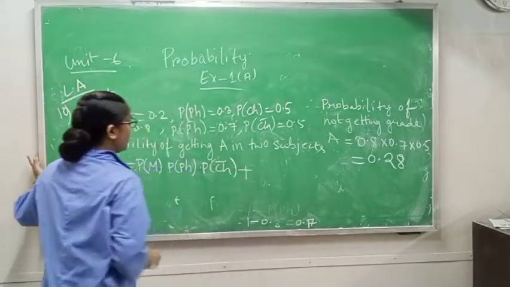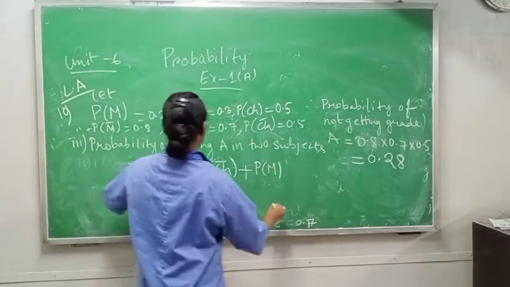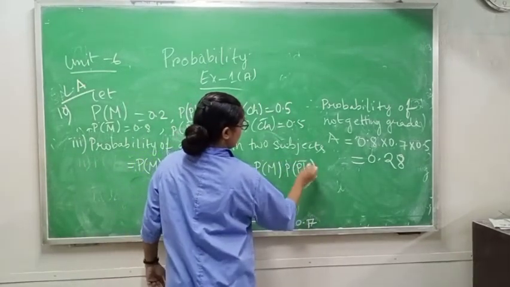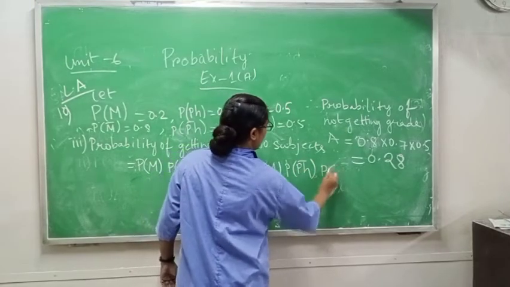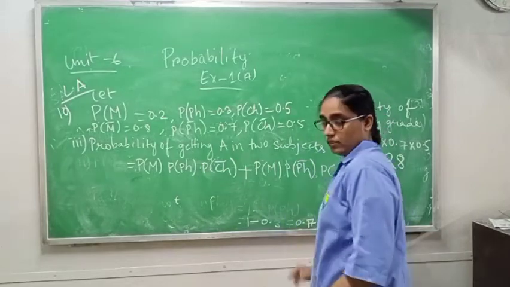Again an addition sign. Now he is getting in maths but not in physics, so P(PH bar), and in chemistry he is getting. Means any two subjects he is getting. Again a plus sign.